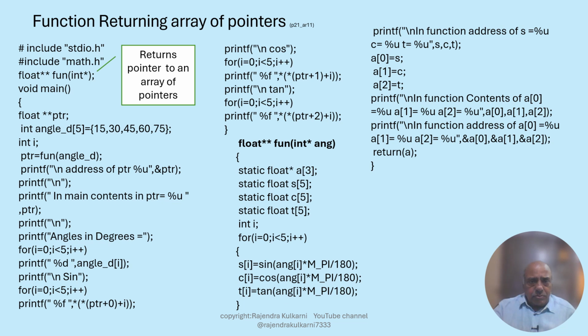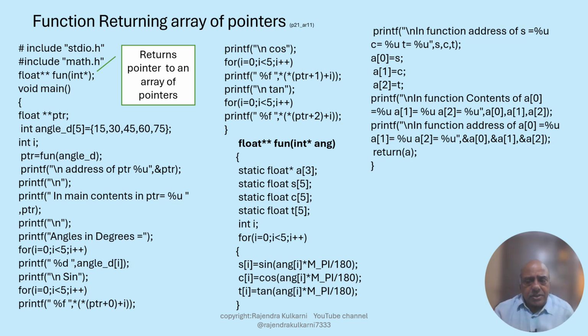In this for loop, we are taking out the values stored in the array C, which is the value of cosine of the angles, and in this for loop we are getting the values stored in the array T, which is the tan of the angles of 15, 30, 45, 60 and 75.